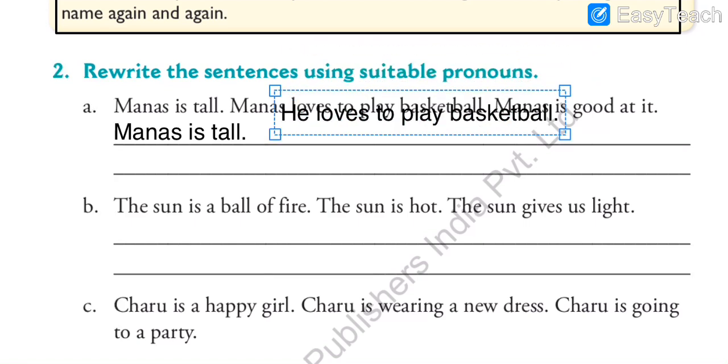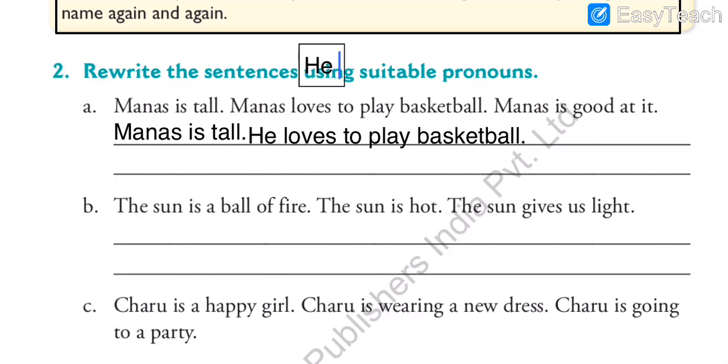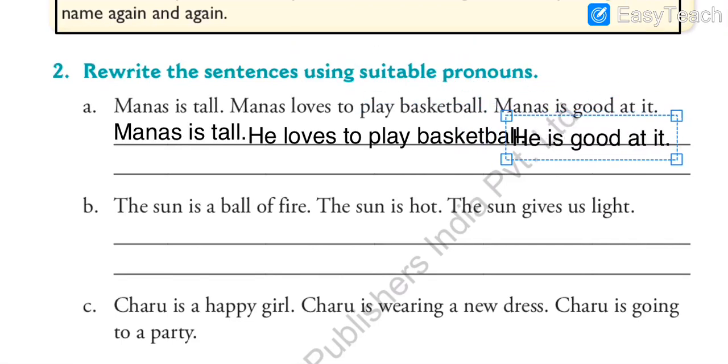Now forget that, because that indicates the end of the sentence. So he loves to play basketball, and then what? The last part is Manas is good at it. So again, instead of Manas, what are you going to write? He is good at it. Great. So this was the formation.